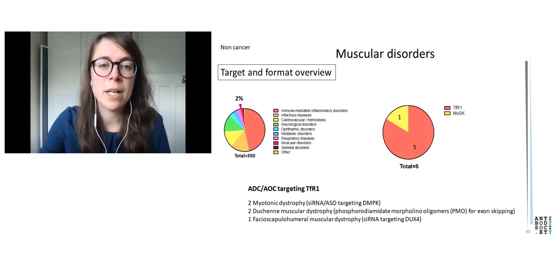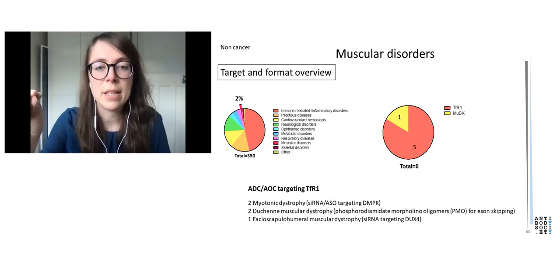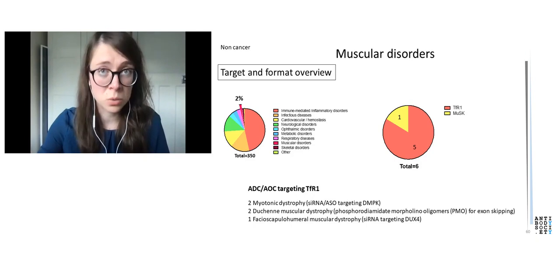These are called antibody oligonucleotide conjugates, and they are all targeting transferrin receptor 1, and they deliver oligonucleotides such as siRNA, antisense oligonucleotides, and phosphorodiamidate morpholino oligomers, PMO, which are specific for genes involved in specific muscular disorders.